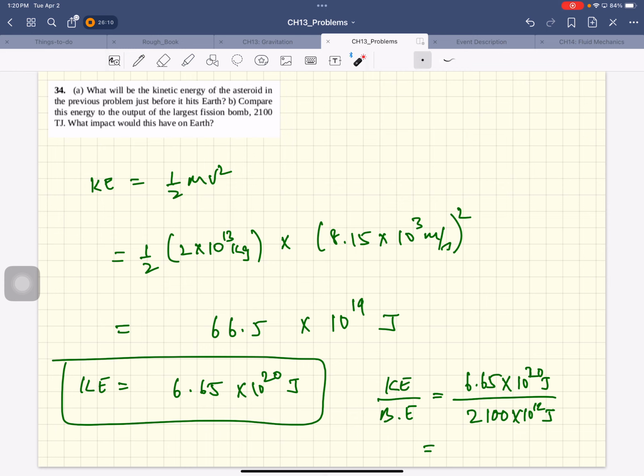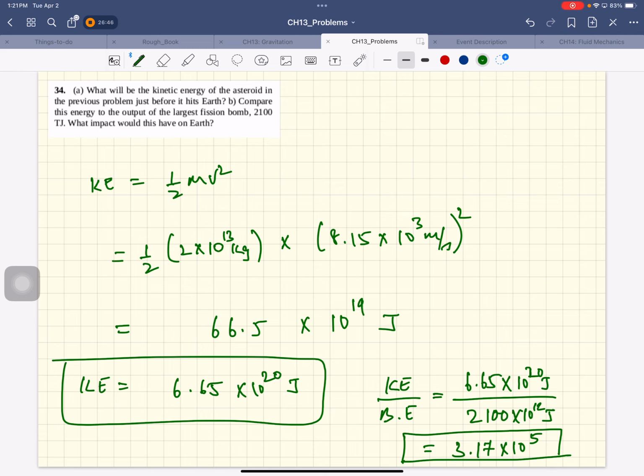So that's 10 to the 15. So 300,000 of those bombs.